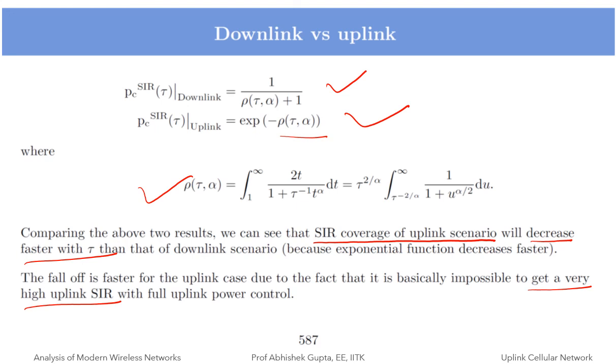So because of that, when you increase tau, the coverage probability goes down very fast. It means you cannot get more than that tau coverage with high probability.